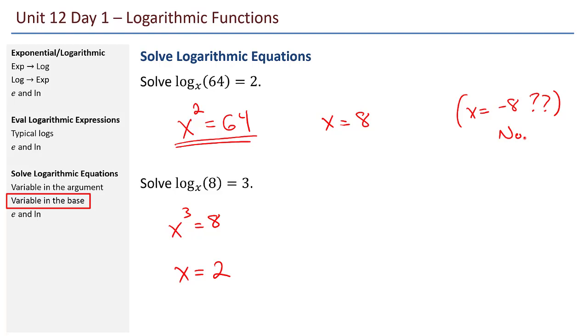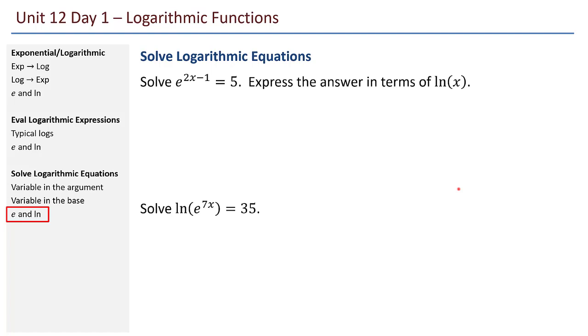And so similarly, for the base of a logarithmic function, I can only have positive numbers. So it has to be the case that x is strictly greater than 0. And so when I solve the equation x squared equals 64, I only care about the positive solution.